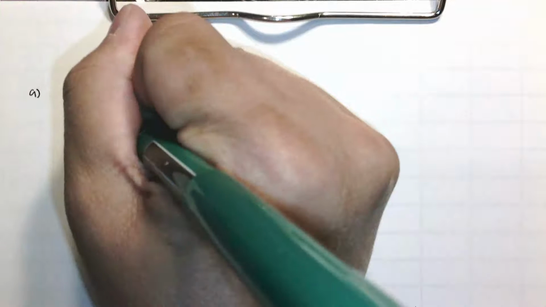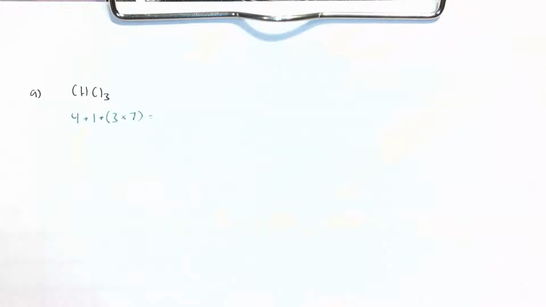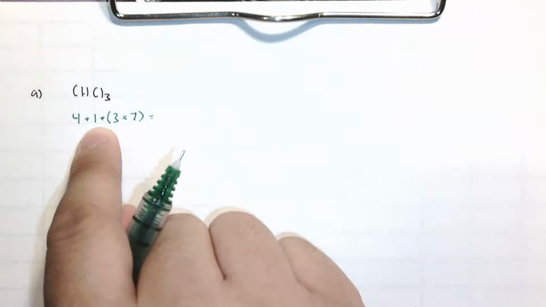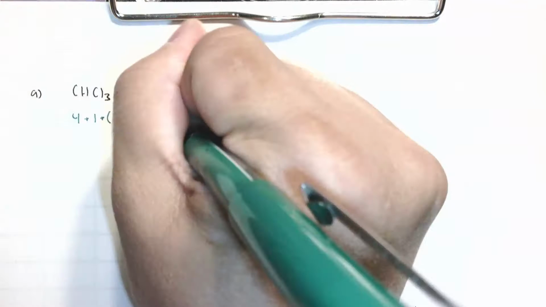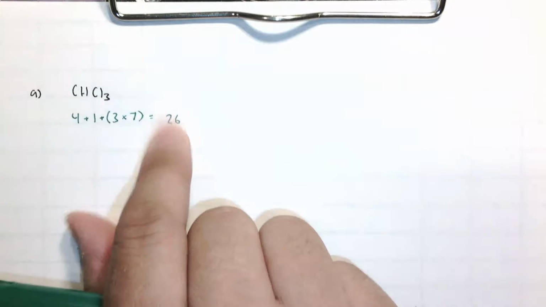So 3 times 7 equals 21, plus 4 and 1, 26. Okay, good. Because in the previous video, when we introduced Lewis structures, all those compounds had 8 valence electrons. So I want to look at some variety. 26.